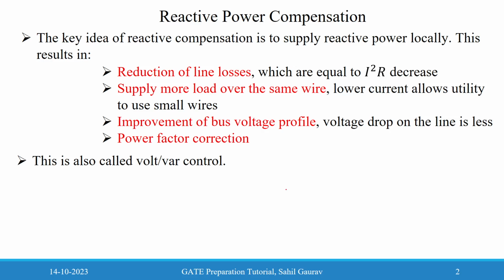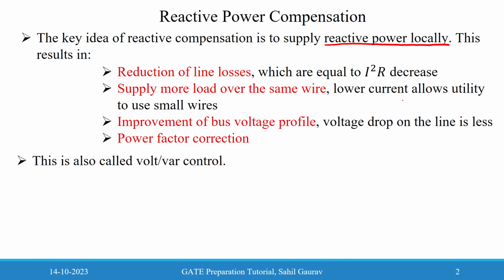The key idea of reactive compensation is to supply reactive power locally. Wherever the load is demanding reactive power, we supply the reactive power at that end only. This results in reduction of line losses, which are equal to I R squared, and supplies more load over the same wire.